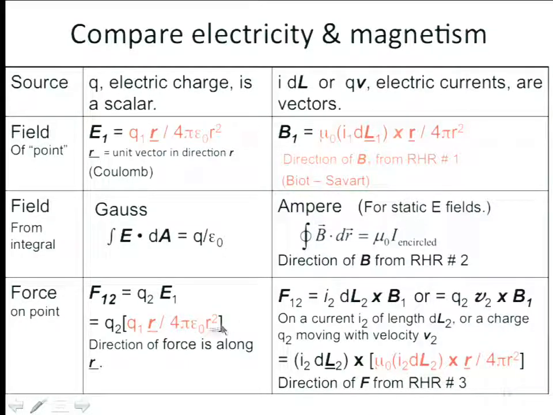But then you have the same form where a force is equal to something you put in the field times the field. Here, you put something in the field times the field will give you the magnetic force. But again, there is this cross product, which is complicated.